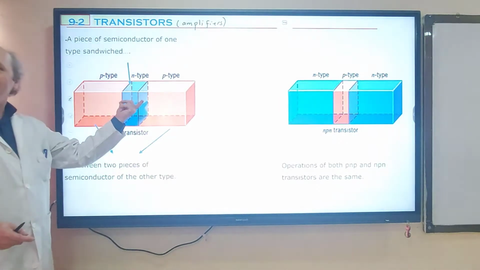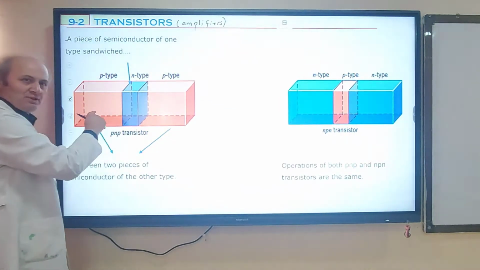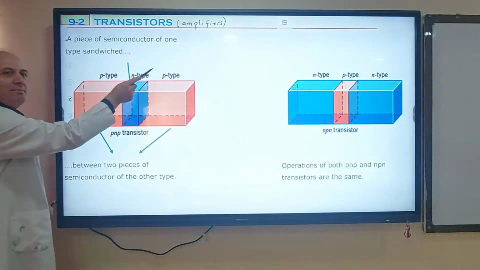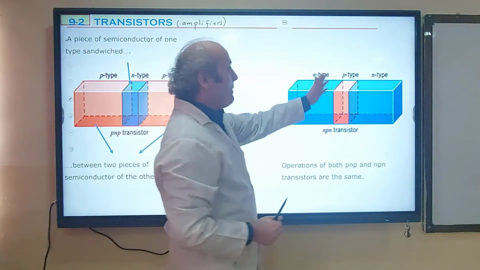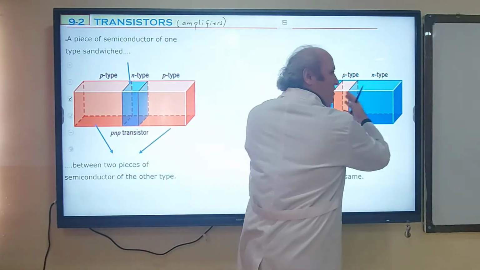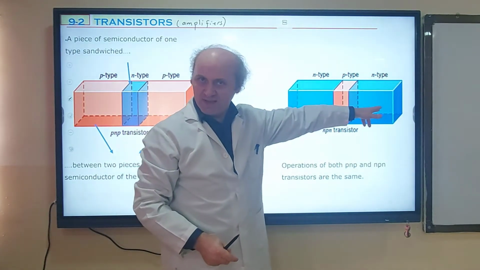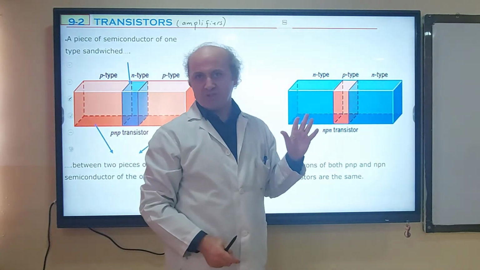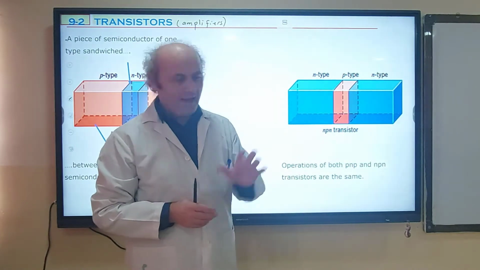Here, N-type is sandwiched between two P-types. This is called a PNP transistor. Here, P-type is sandwiched between two N-type semiconductors. This one is called an NPN transistor. Yeah, the one in the middle is the sandwiched one.